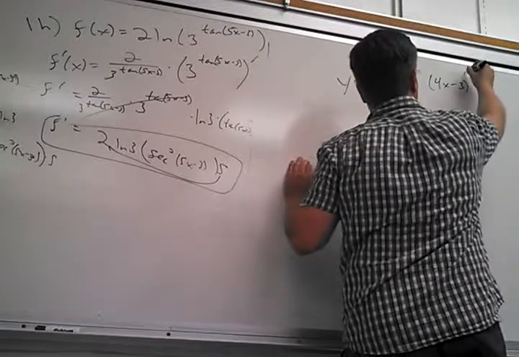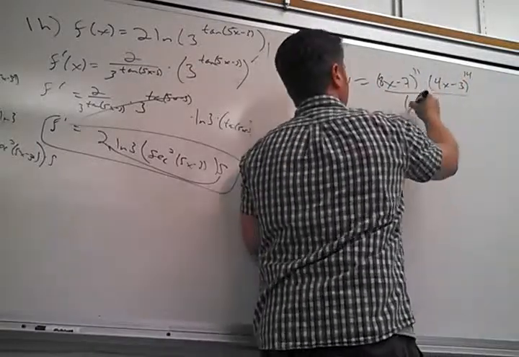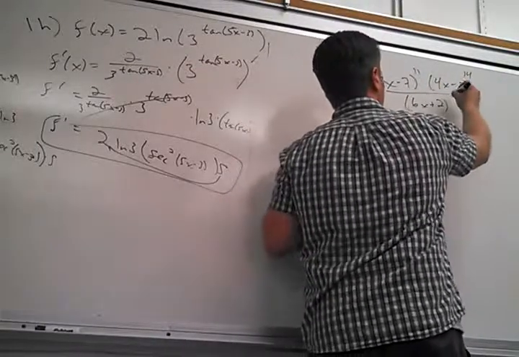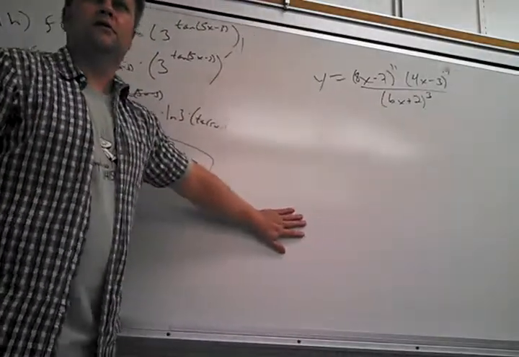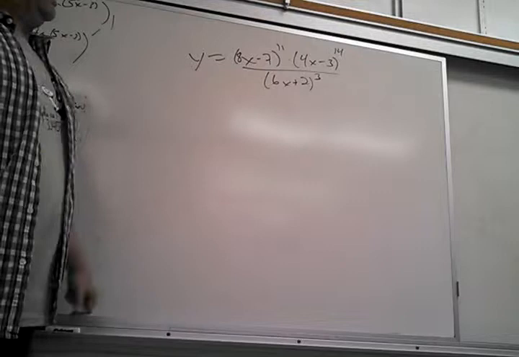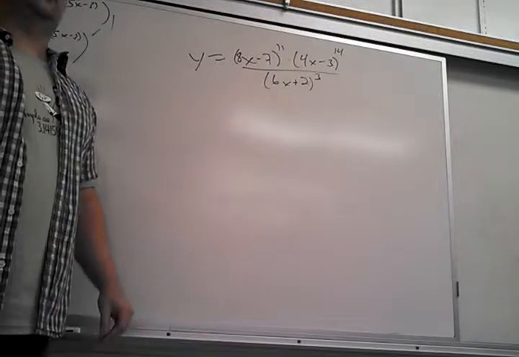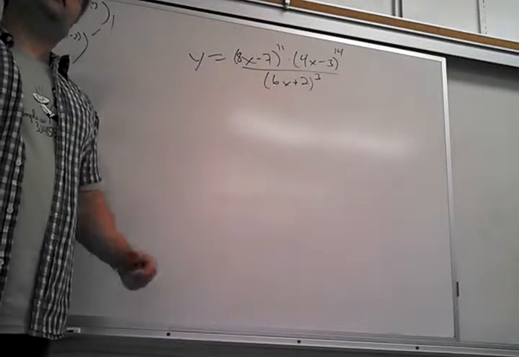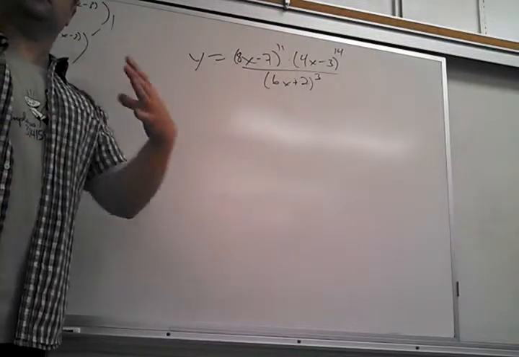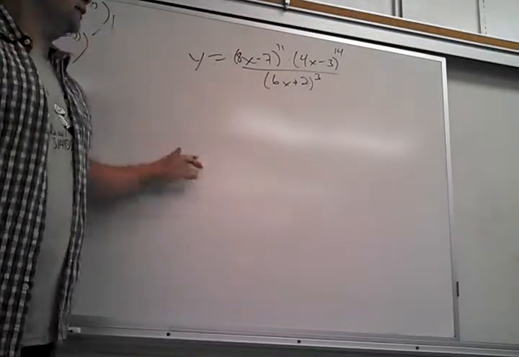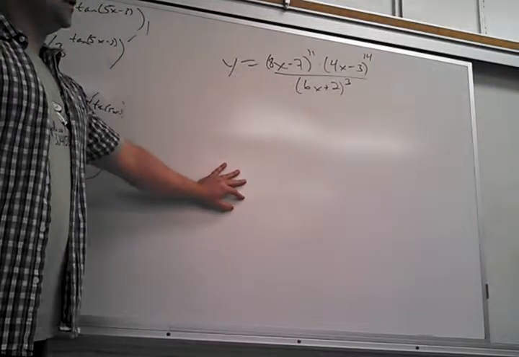So if I do apply ln, what happens on this side? You get 11 ln of that stuff plus 14 ln of that stuff minus 3 ln of the bottom stuff. And that, of course, is much easier. They involve putting it over and then times the chain rule for the inside.